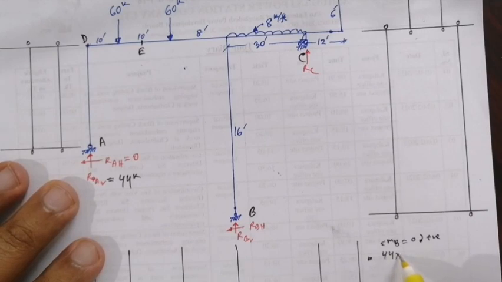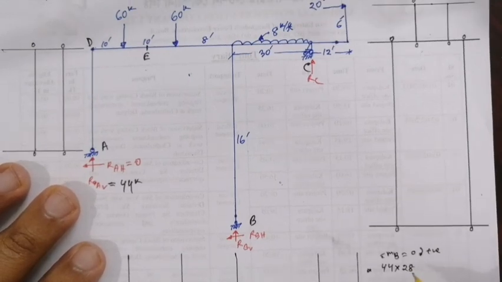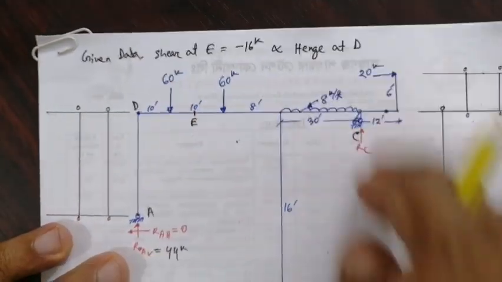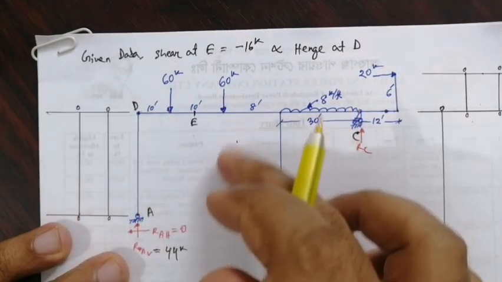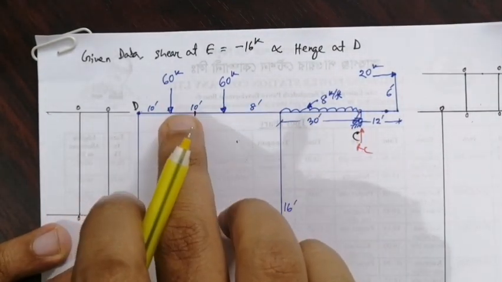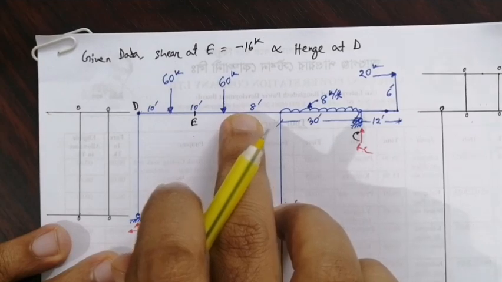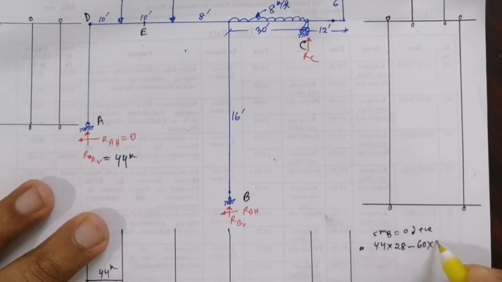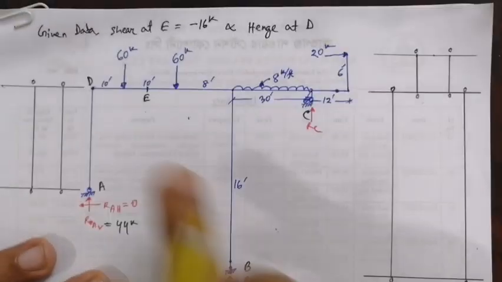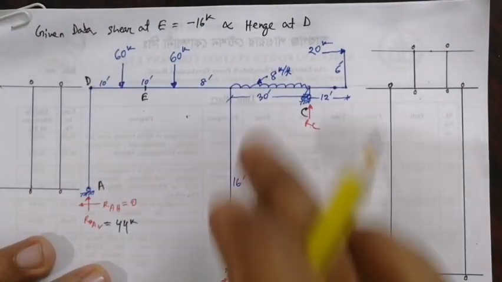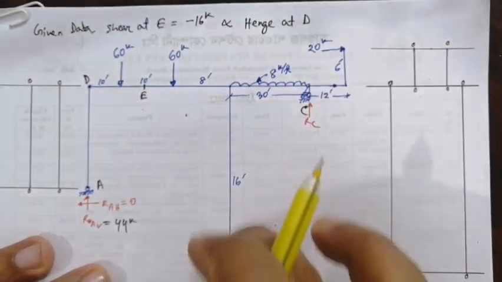So 44 into 28. Now these forces are anti-clockwise, both. This is acting at 10 plus 8, an 18 feet distance, and this is only 8 feet distance, both negative. So minus 60 into 18, minus 60 into 8. There is no other force.